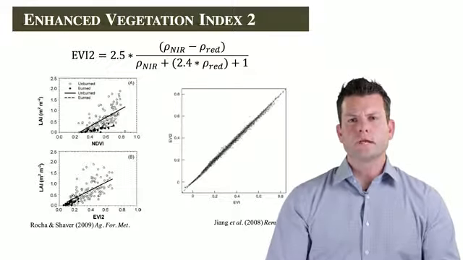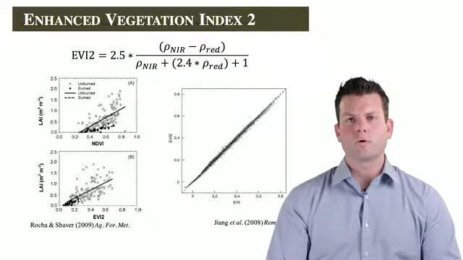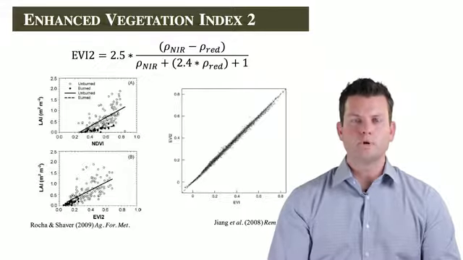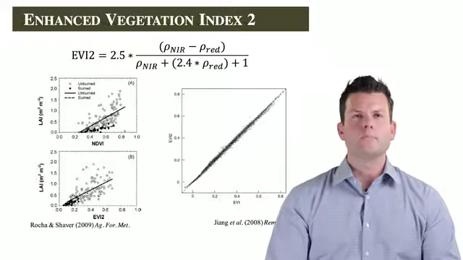Those problems, though, led Jiang to try and come up with a solution. And what Jiang observed is that there's quite a bit of autocorrelation between the red band and the blue band. And so he decided that he would try to formulate EVI without the blue band and just using the near-infrared and red reflectance in what he called the EVI2.